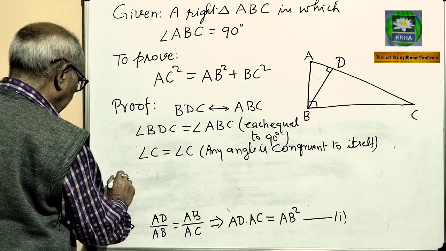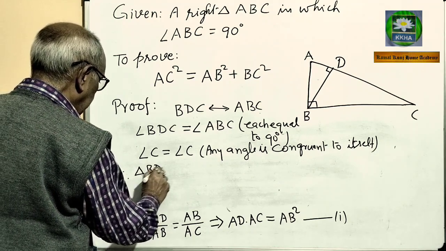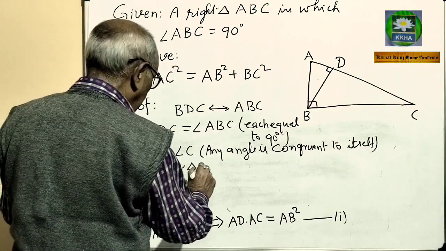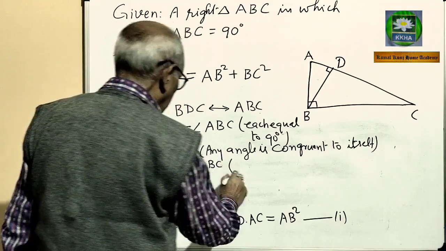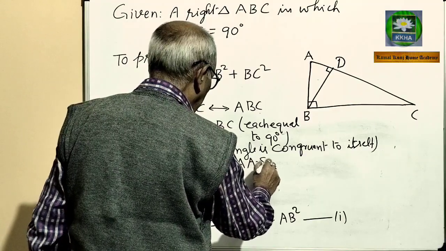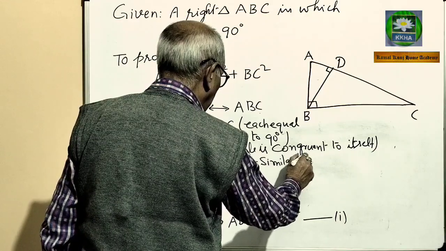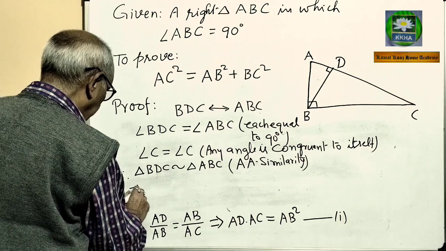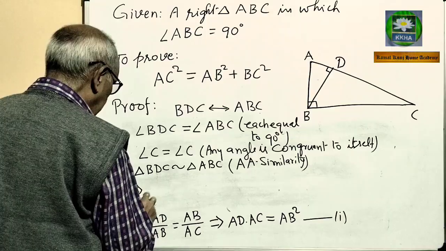Therefore, triangle BDC is similar to triangle ABC. The reason is angle similarity. This implies that since these two triangles are similar, sides will be proportional.